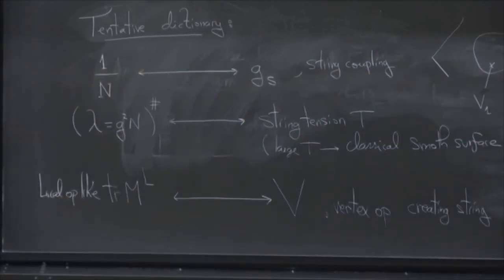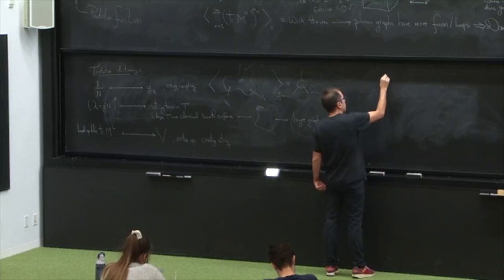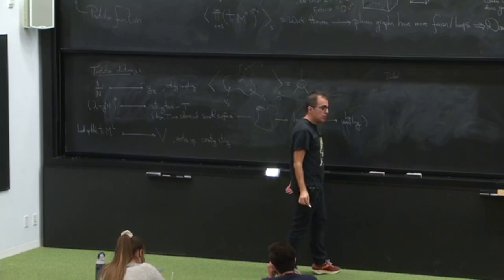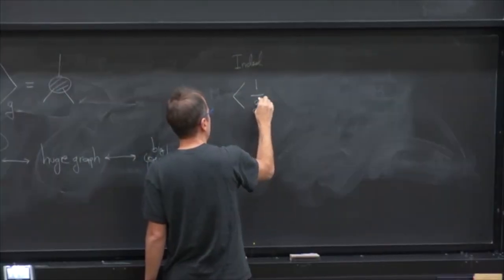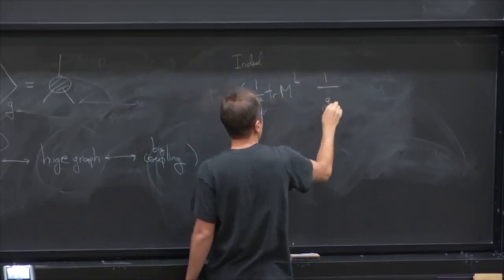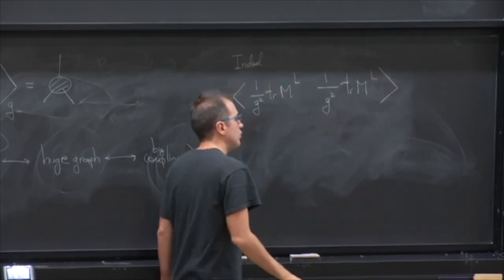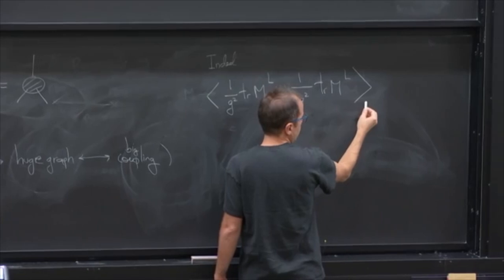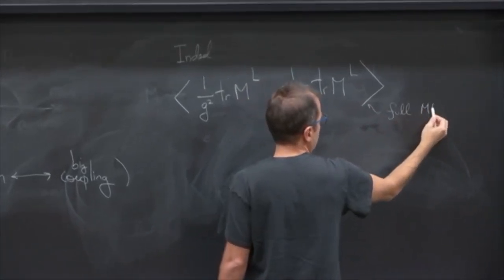Why do we say that these kind of objects create a string? So indeed, suppose we consider the expectation value of two of these guys, 1 over g squared, it's our favorite normalization, 1 over g squared trace of m to the L. And here I'm doing it, you see I'm not putting a 0 here, so here I'm doing it in the full matrix model.